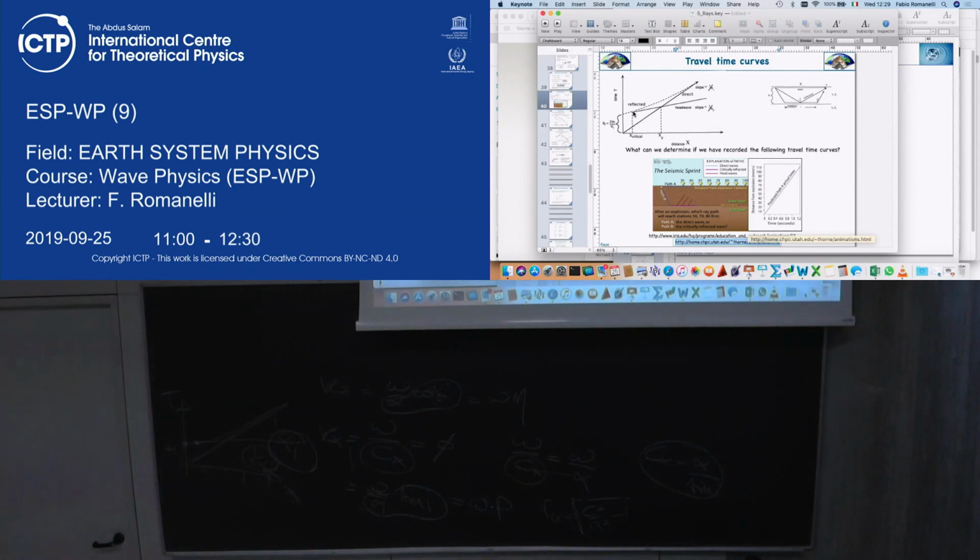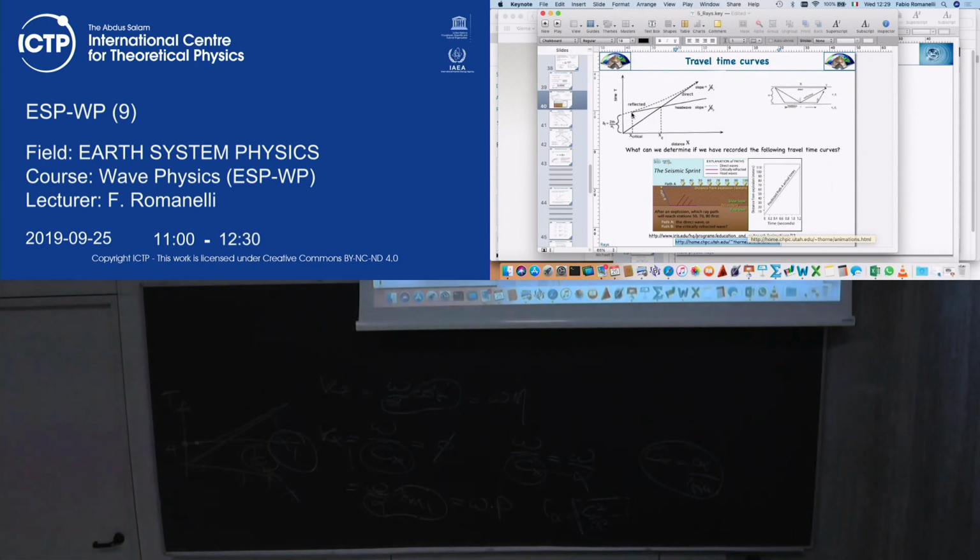You need a distance. And the distance, that is called critical distance, will depend upon the ratio between the velocities. If the lower velocity is lower than the layer one, this line does not exist. But if beta 2 or alpha 2 are larger than beta 1 and alpha 1, then this can exist.